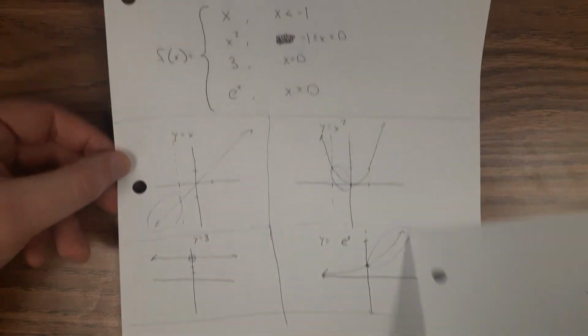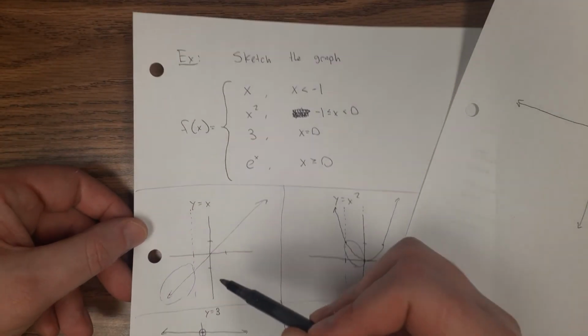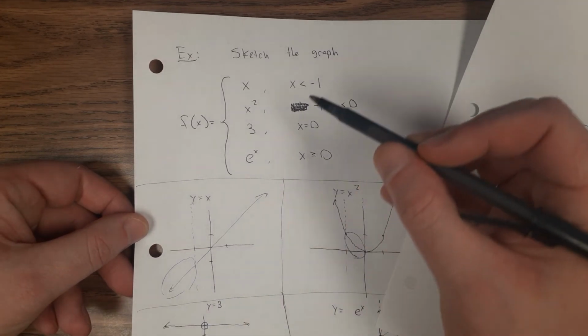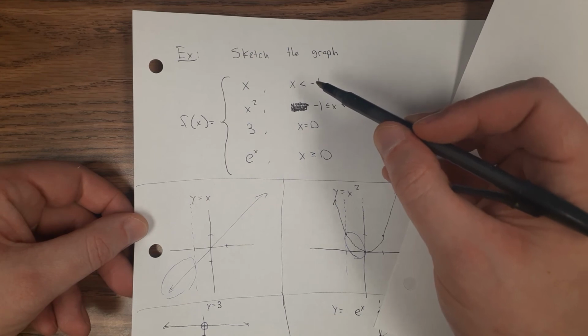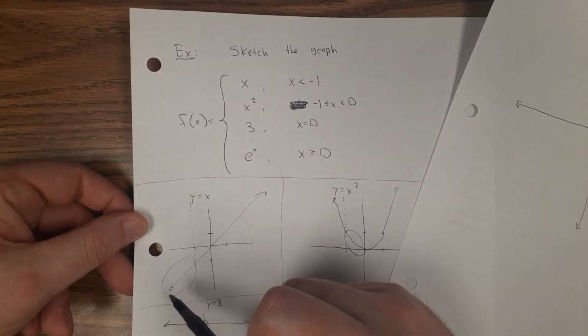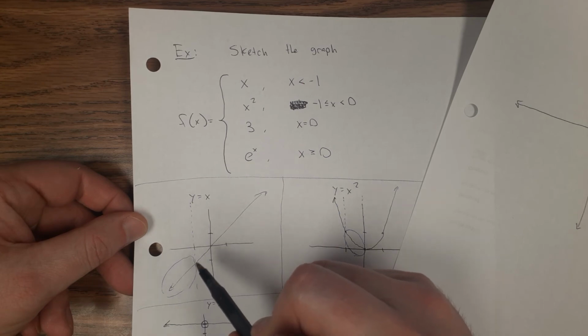So first, I've got this part. This goes up to -1, but it doesn't include -1. So I'm going to draw this much of the line, but I'm going to draw an open dot here.